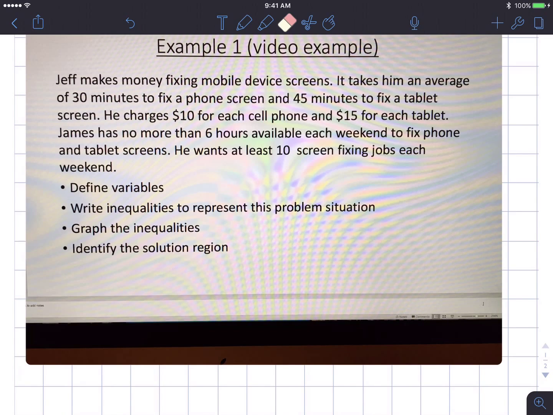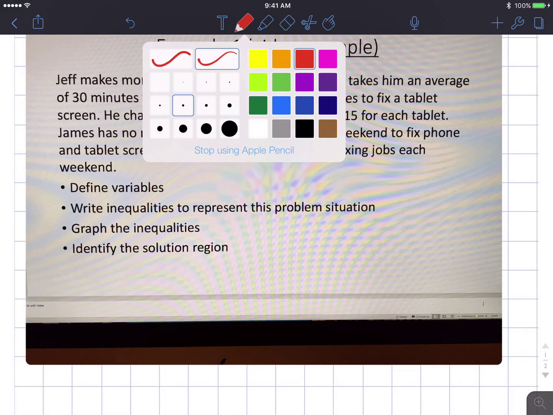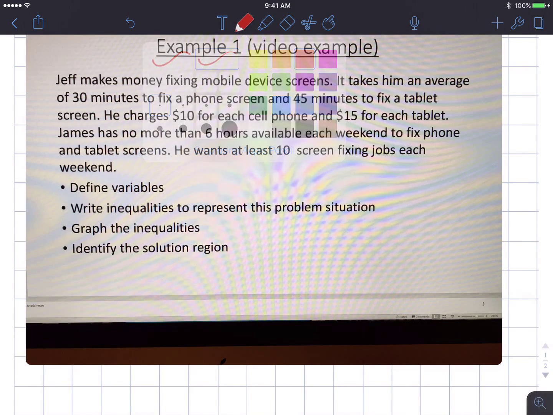So, as always, first thing we want to do is underline the important information. Make this a little smaller. So Jeff makes money fixing mobile device screens. It takes him an average of 30 minutes to fix a phone screen and 45 minutes to fix a tablet screen.